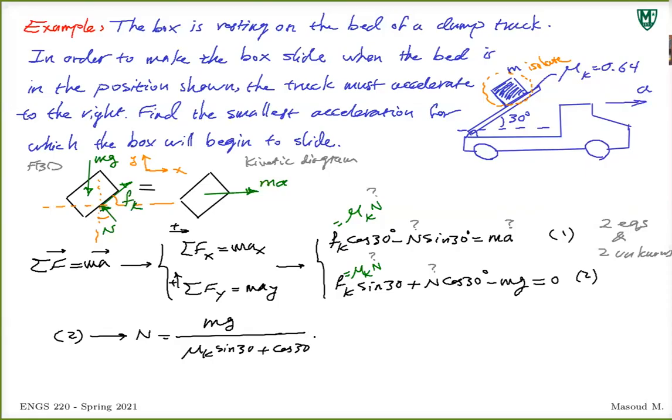Mu k sine 30 plus cosine 30, yeah. Plugging in the numbers, you know everything here. You know m is, I can give you m. Very interesting. It should be somewhere. Give me a minute. Without m, we are just clueless here.